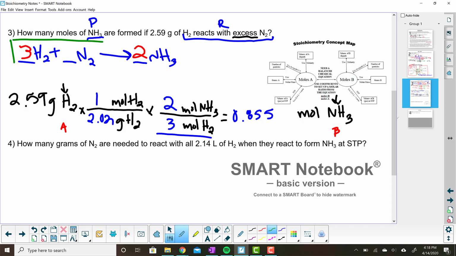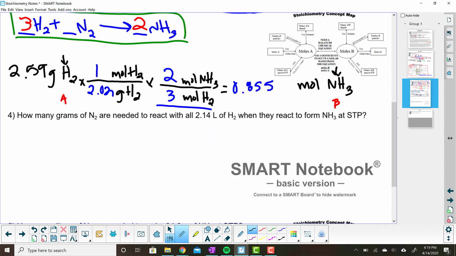Make sure that you have that balanced chemical reaction written down. It's going to be the same reaction here in question 4. This time though, I'm starting with 2.14 liters of hydrogen, and I want to convert that into grams of N2.